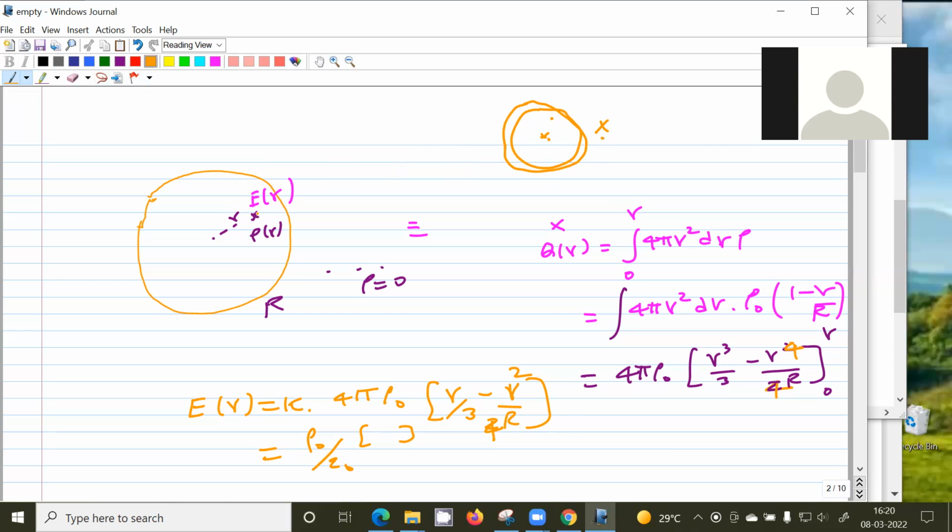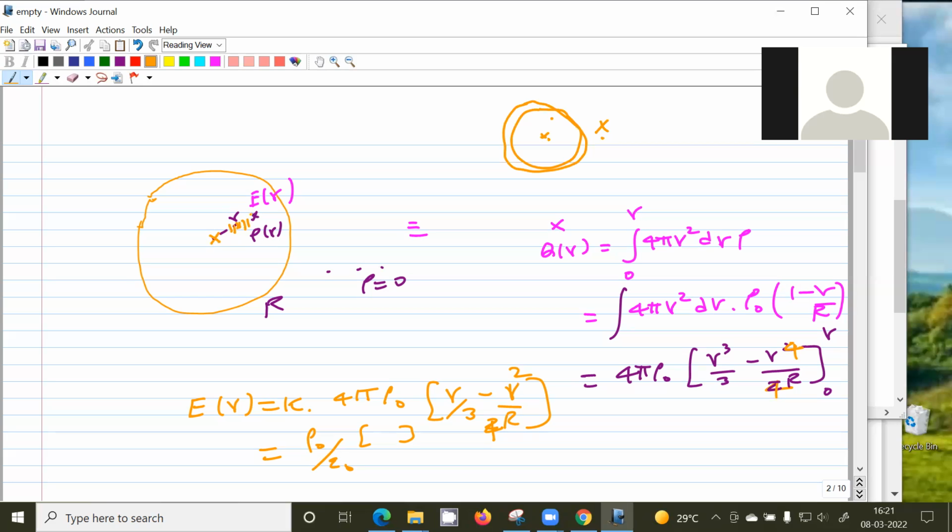To find the electric field at this point, that is due to all the spherical shells. I can consider this as a lot of spherical shells, right? Okay, so for all these spherical shells, this point is outside. So for all of them, I can consider it as a point charge located at the center.